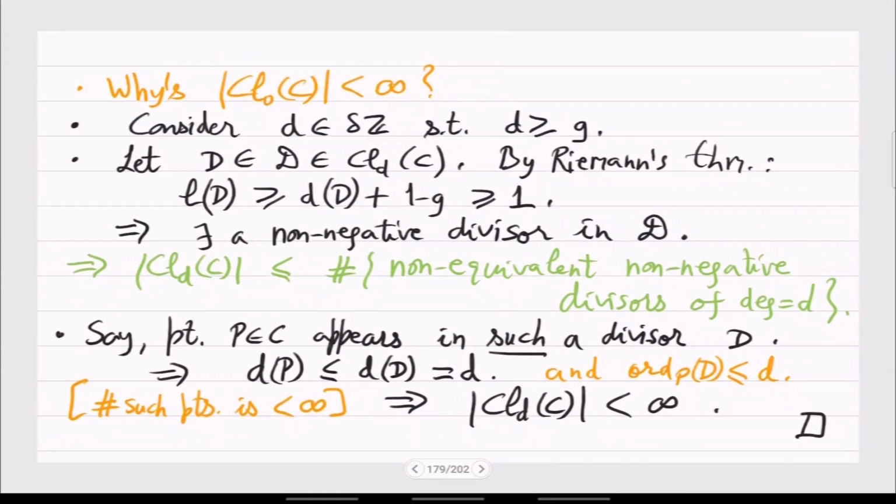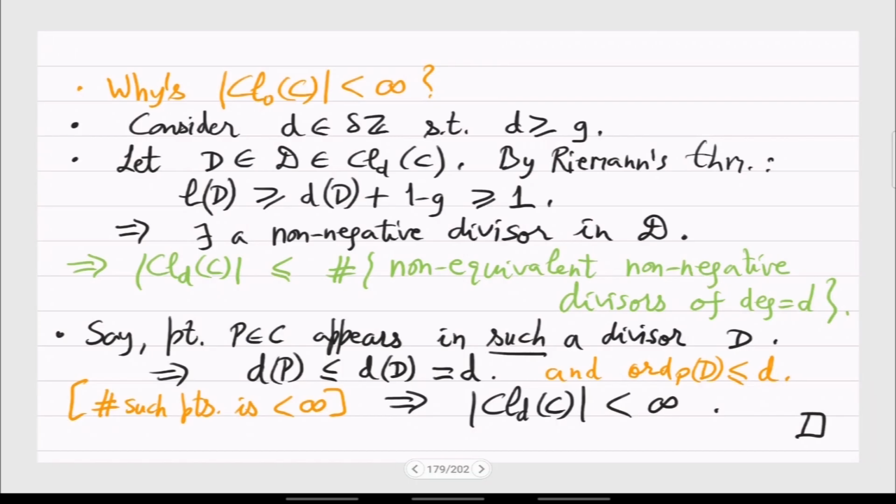Once you find something in L(D), then that function f, you can add it to your D and it becomes positive. So ultimately you only have to count these non-equivalent, non-negative divisors of degree D. That we showed is finite.